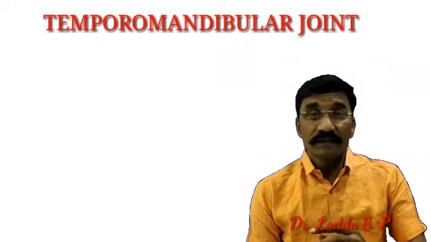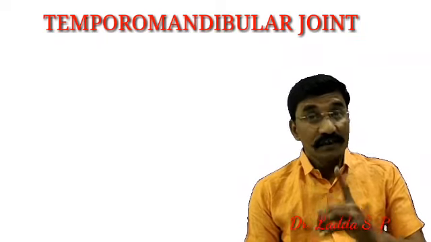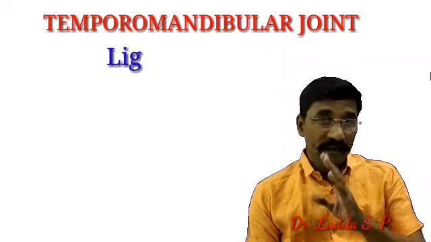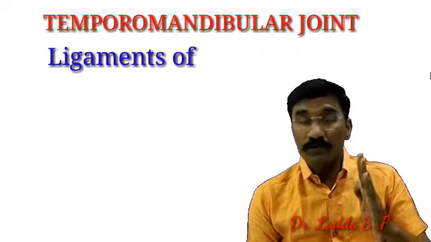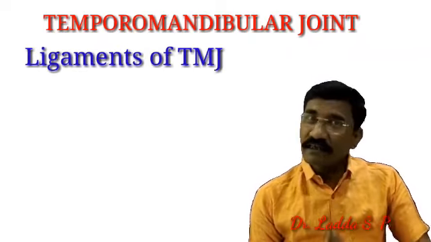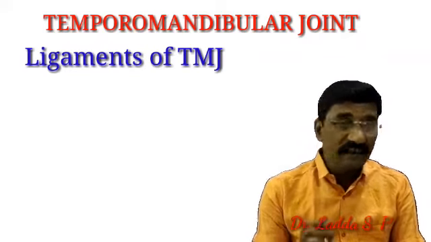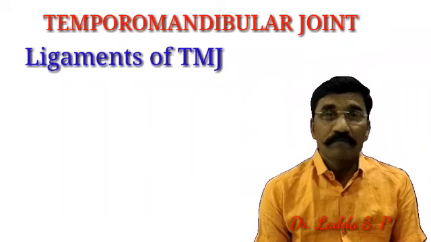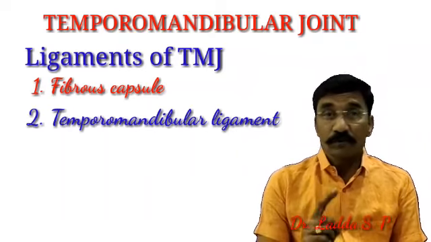Now we know each and every joint is supported by ligaments and muscles. As the temporomandibular joint is very crucial and a hard-working joint, it needs more strength, and that strength is provided by the four ligaments of the joint.